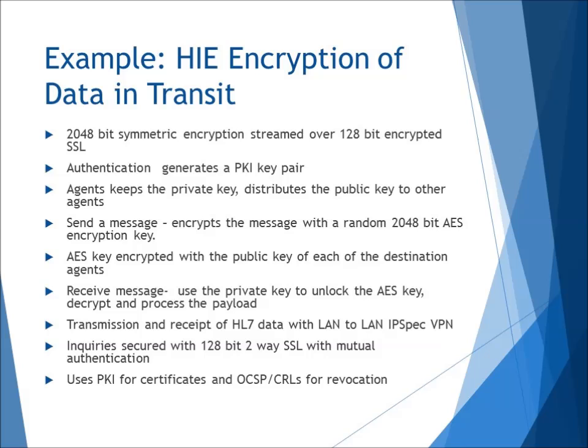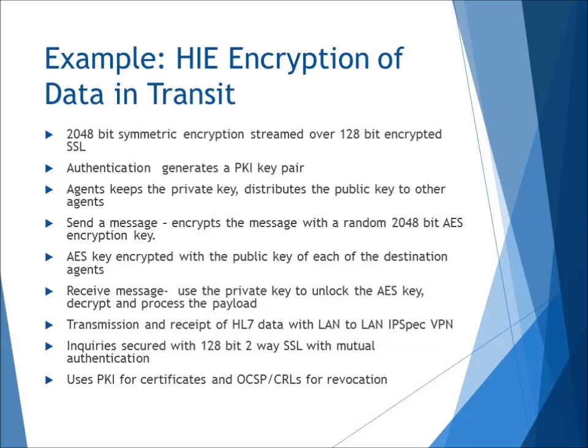So for data transmitted over, and this is an example, for the Health Information Exchange, this is how they encrypt their data in transit, because that type of setup to exchange information is all about data in transit. So for data transmitted over their NovaGrid, the system encrypts all payloads at data level using 2048-bit symmetric encryption streamed over 128-bit encrypted SSL.